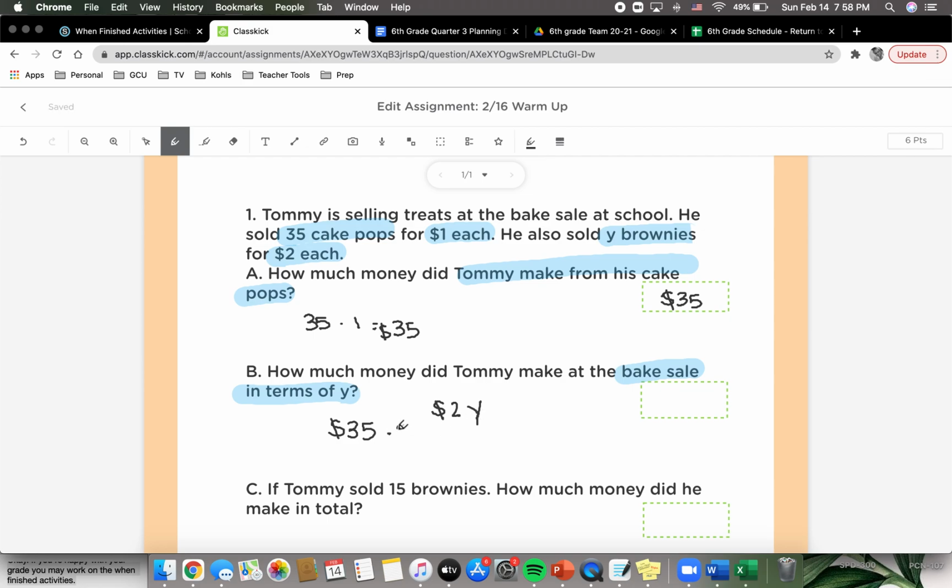So now we get 35 plus 2y, and that's our answer for part B. So 35 represents his cake pops plus the $2 a piece for his brownies, and y represents however many brownies he sold.